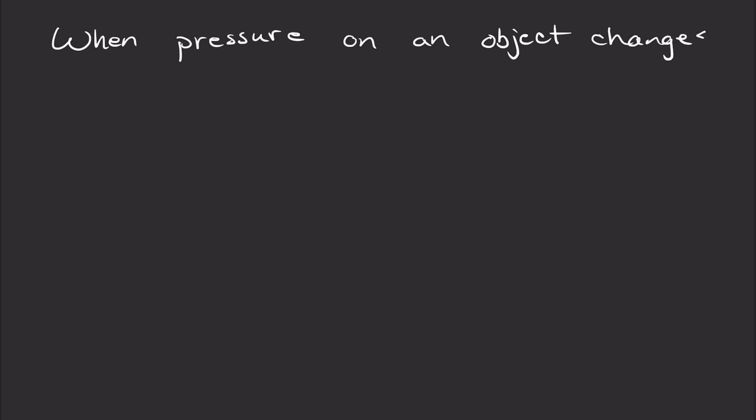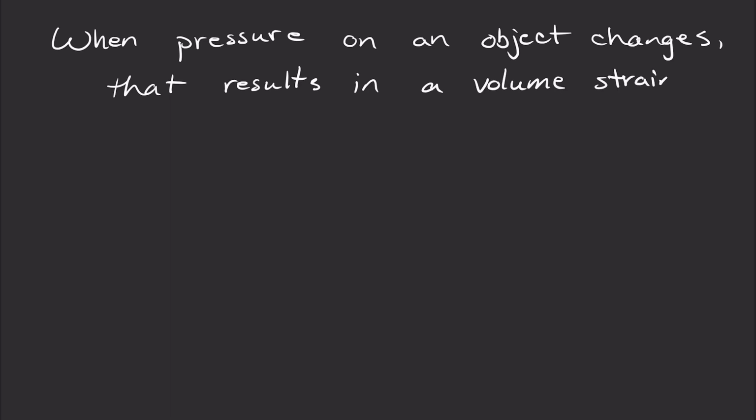So when this pressure or volume stress is applied, that is a pressure change. So when pressure on an object changes, that results in a volume strain or a volume change.